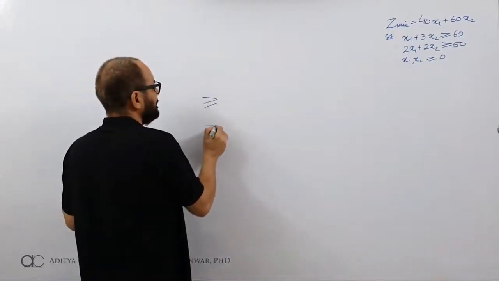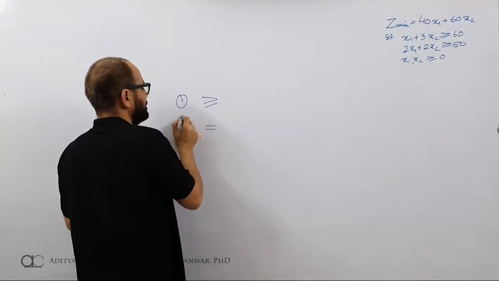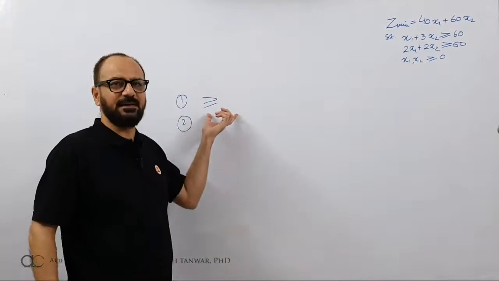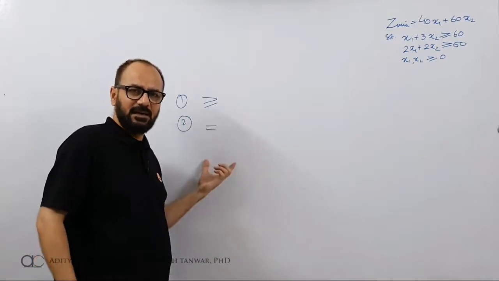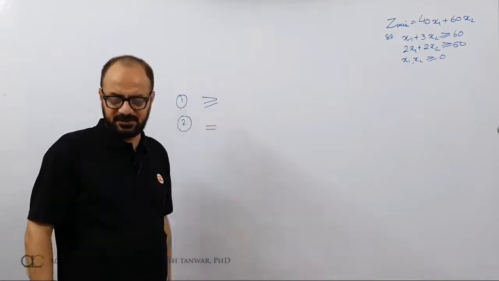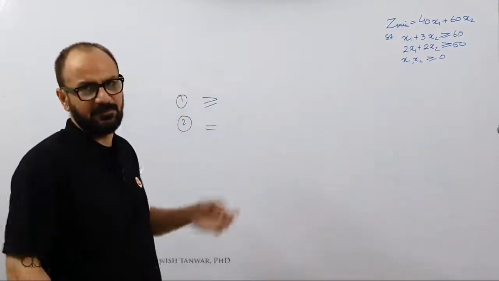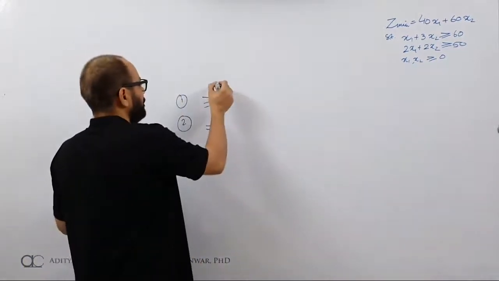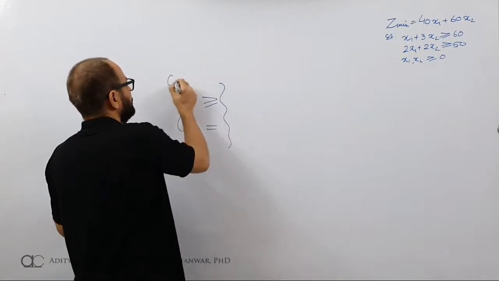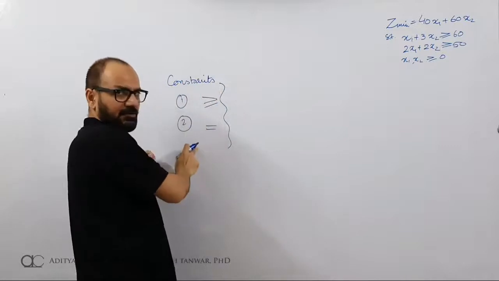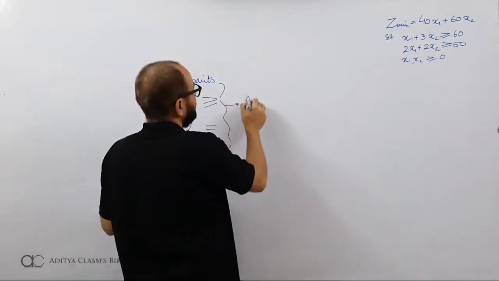When the constraints are of greater than or equal type. Whenever you come across these kinds of constraints, you go to an artificial variable.